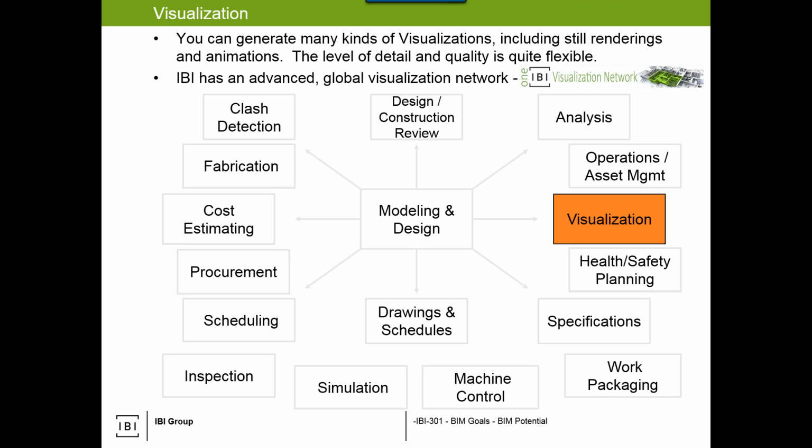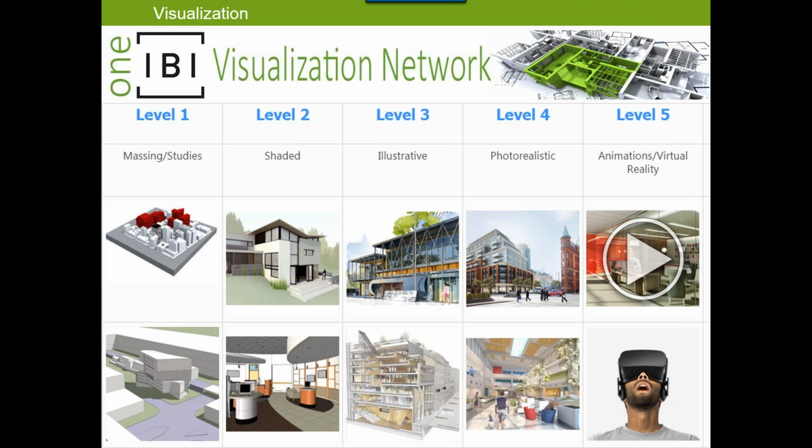We have across IBI a one visualization network, and I'm going to interlude of my wheel of BIM here now. I'm going to talk about this also in the next session, but I wanted to bring this to the attention here in this BIM session. So there's various levels of visualization that can be done.